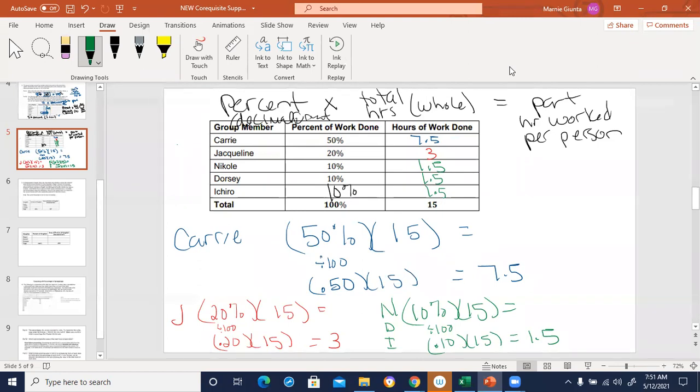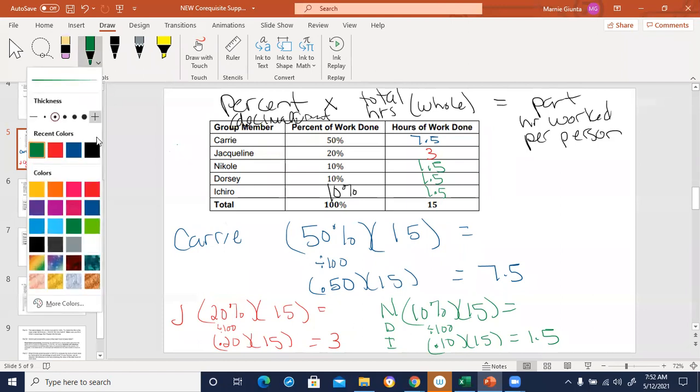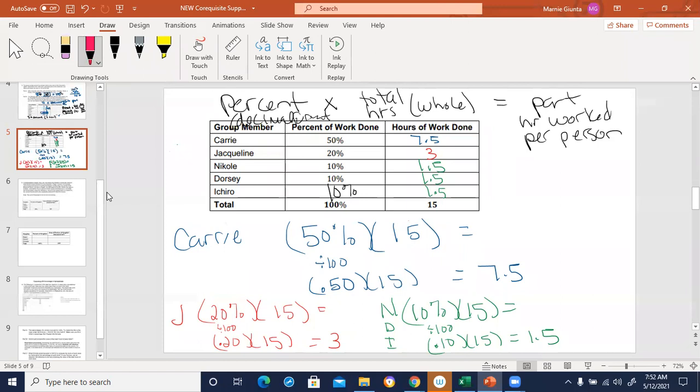When you're looking at these numbers that you calculated by hand, what could you do to check? Well, remember, all of these hours are parts of the whole job, and the whole job is 15 hours.